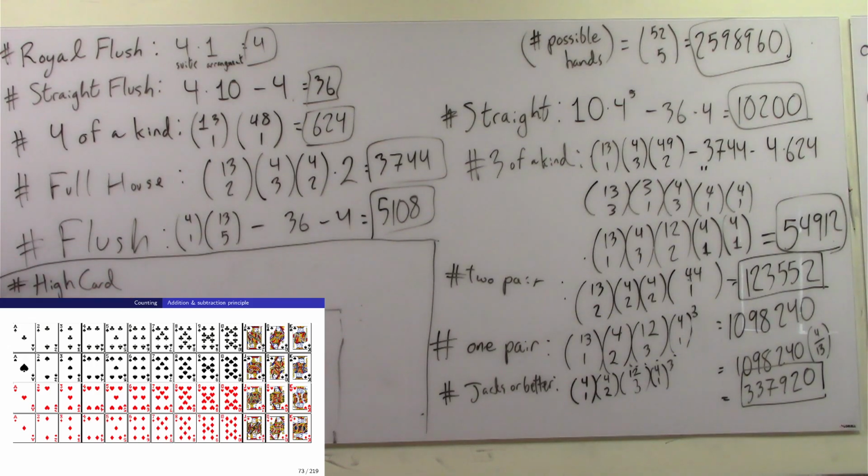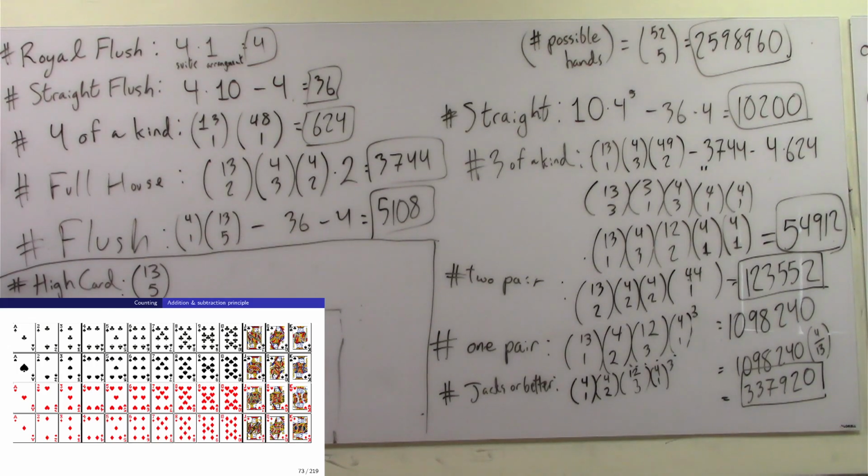If you have the ace high, we'll see that in a second. Don't spoil it, man. We're not there yet. We haven't figured out the count. Okay, so the high card, let's count it directly. Why not? So we're going to choose 13 different ranks, or 5 different ranks.